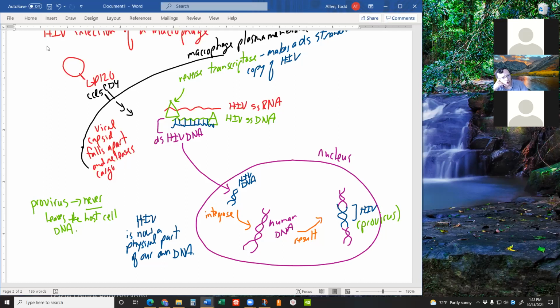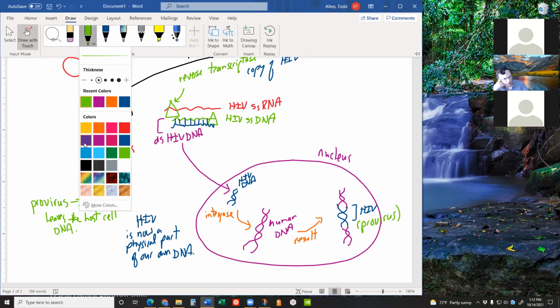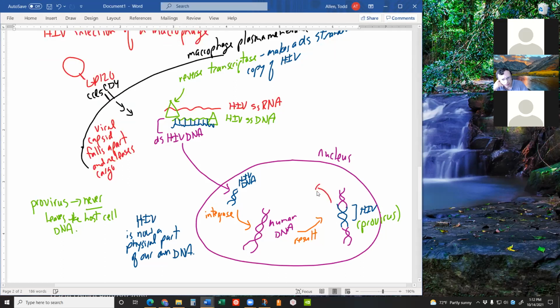The video showed you that you were going to get transcription of this into genomic HIV RNA. That's the HIV RNA that will be put into new capsids of new HIV virus particles that will eventually leave the cell to infect other cells.